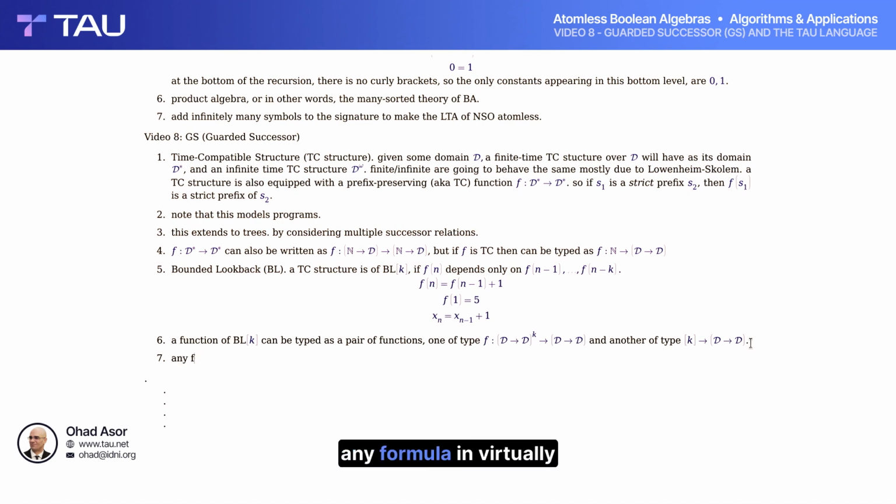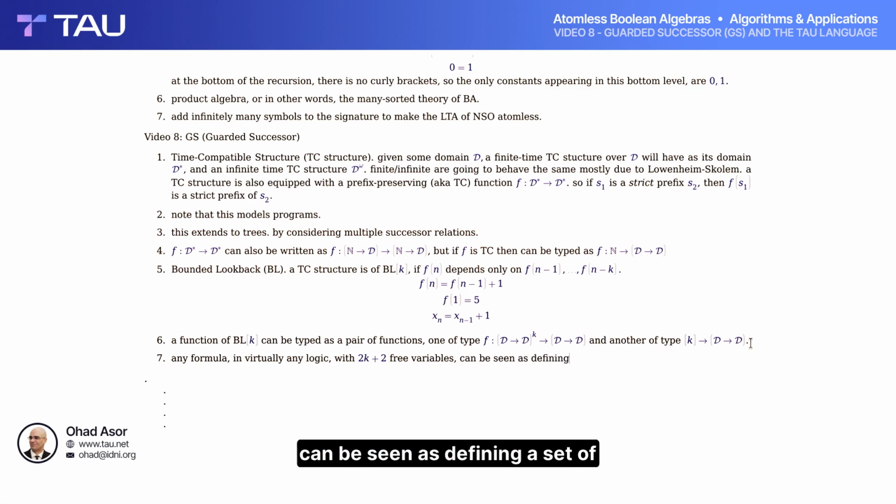Now, any formula in virtually any logic with 2k plus 2 free variables can be seen as defining a set of bounded loopback of size k structures.